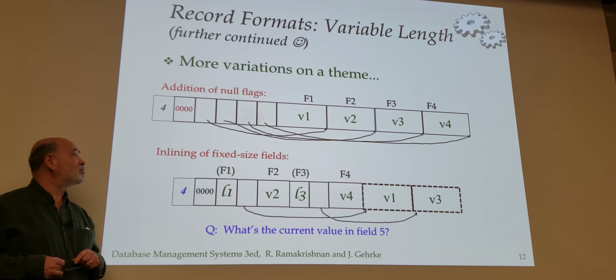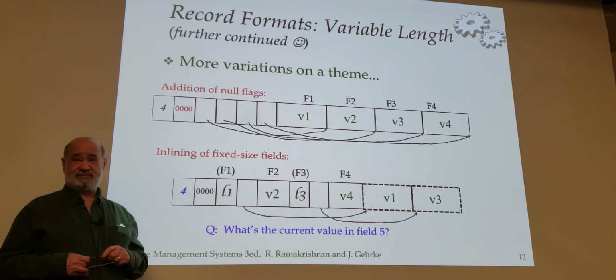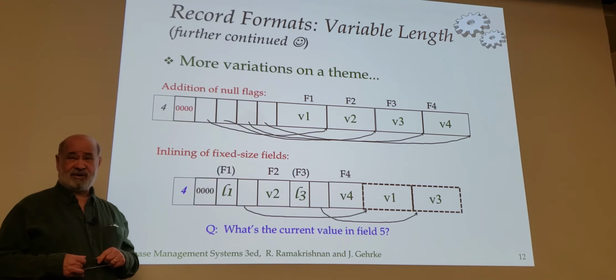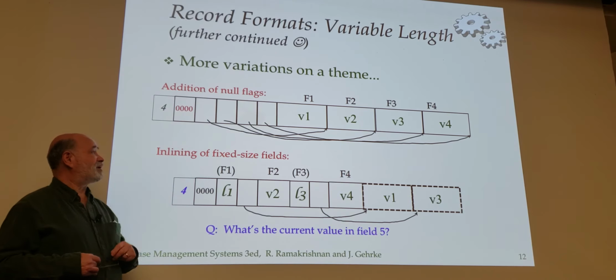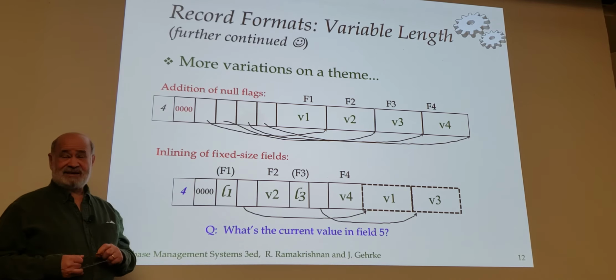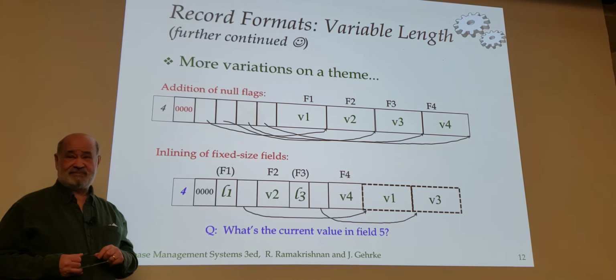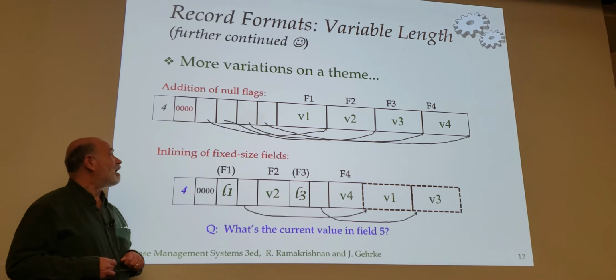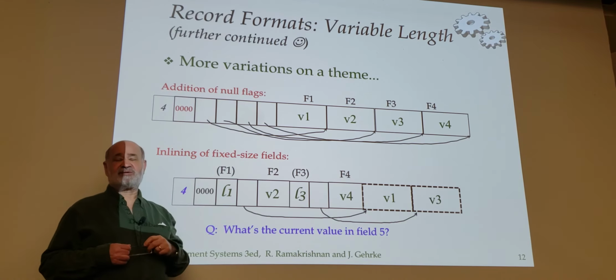So what you're going to do is you're going to have the offsets for, again, all the fields. And the null flag tells you whether or not it's empty. And if it's empty, looking for the field isn't going to particularly matter. So for the fields that are not null, you have the same thing that I described on the other slide.